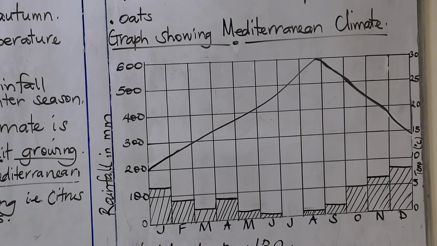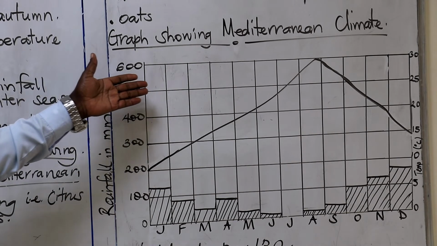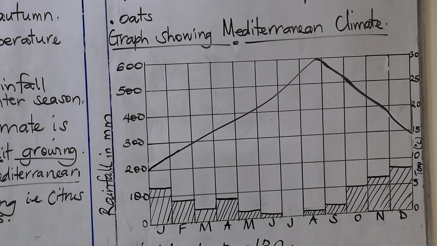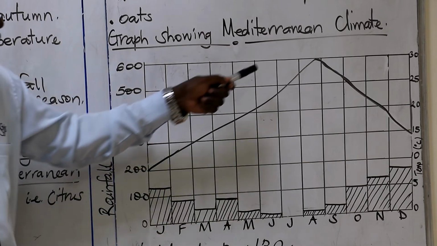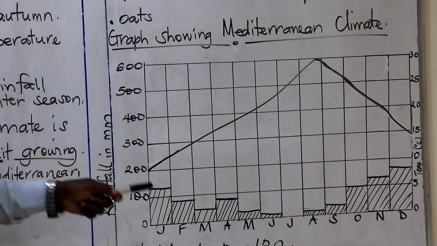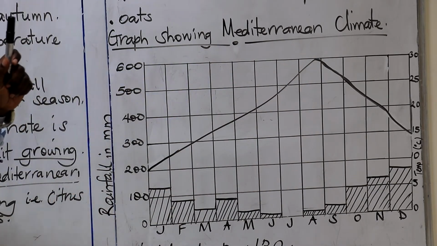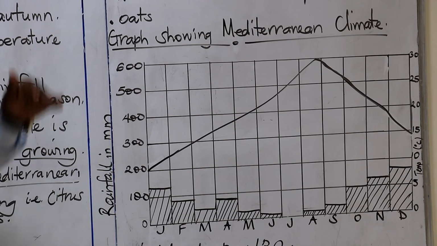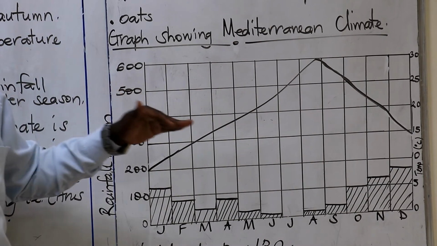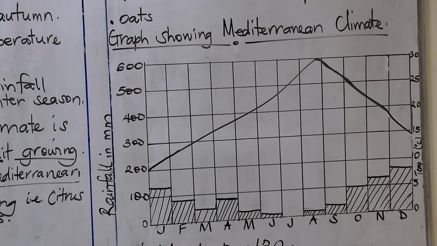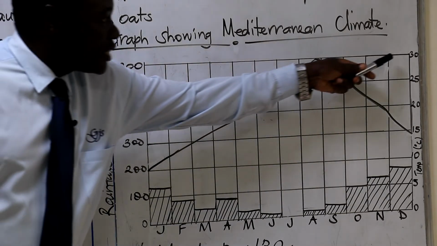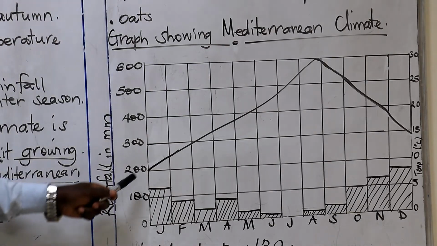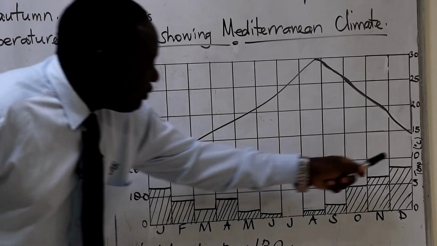What you must note with the Mediterranean climate is that they always ask about the temperature range. When they ask you the temperature range, look at the highest temperature, then the lowest. For this case, the highest we have is 30, and the lowest we have is 10.